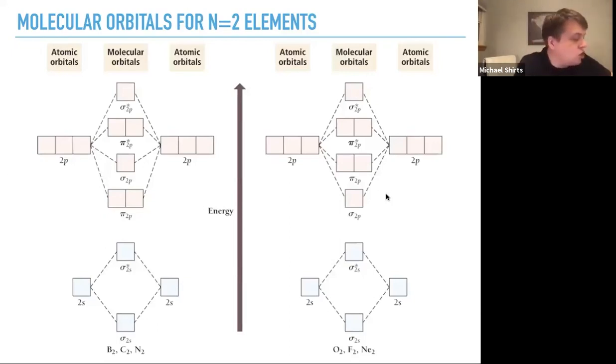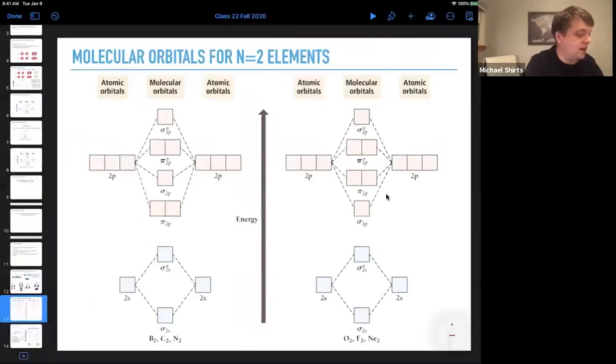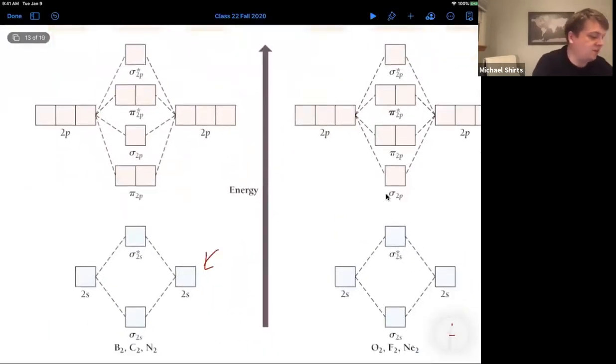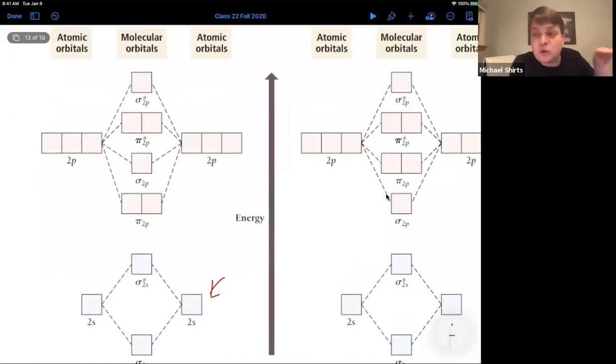Okay, so we start with the atomic orbitals, and the S ones behave the way you'd think. You've got two S's combining to sigma 2s and sigma star 2s. Remember, the 2p orbitals in the atoms are all the same energy, they're degenerate, and then you get the pi 2p orbitals. These are the ones from the py and pz. The sigma 2p is from the px.